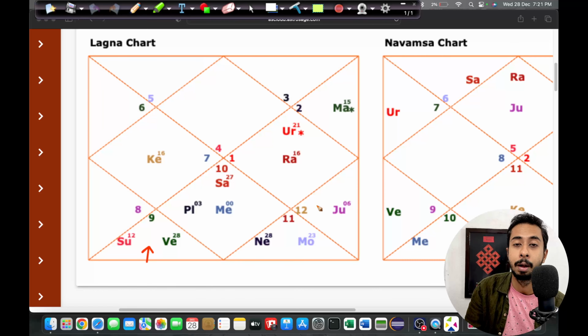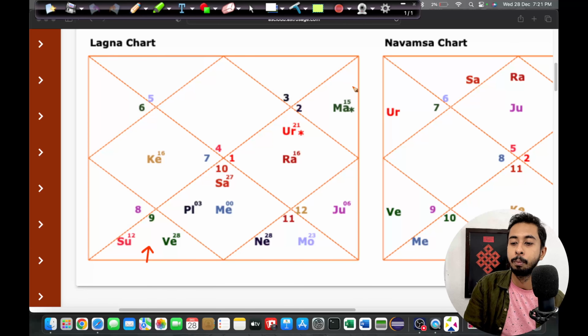It is the house of higher education, and since Jupiter, the teacher, the guru, is present in house number 9, it is very auspicious. Most likely you will be in a teaching profession, or you will be related to wisdom, higher wisdom. So in this way you need to see all these things.